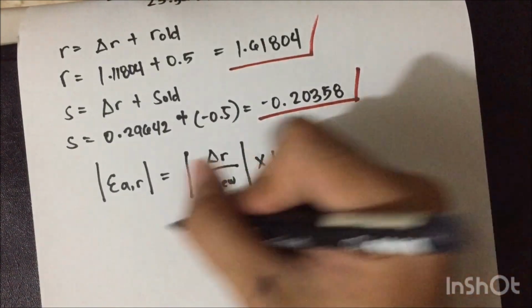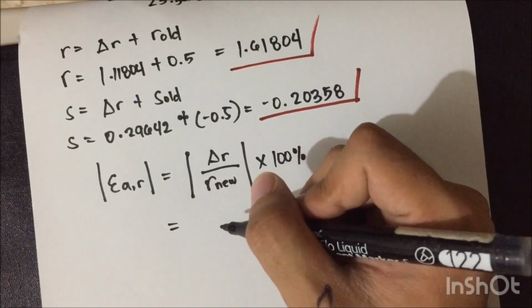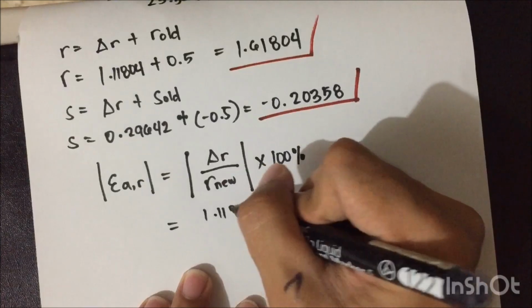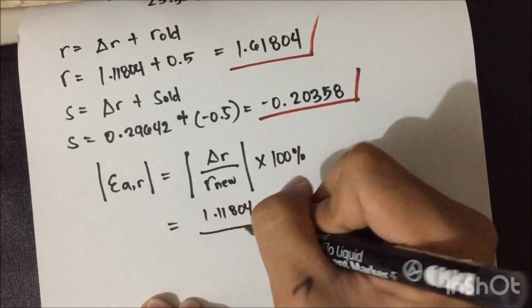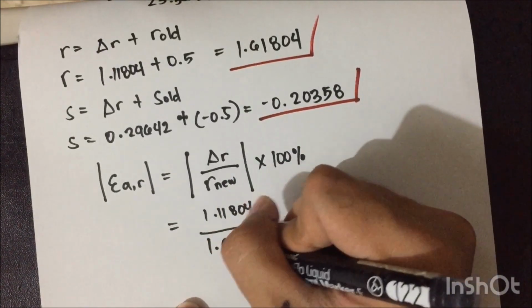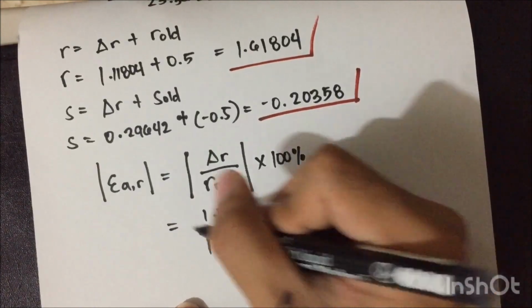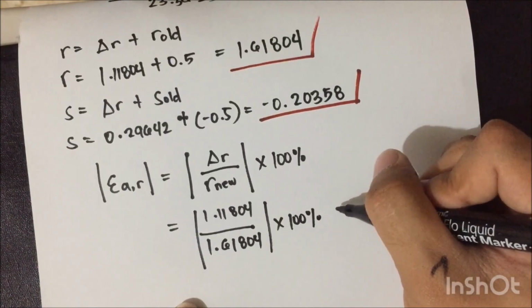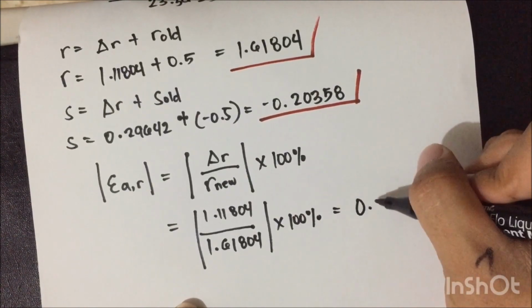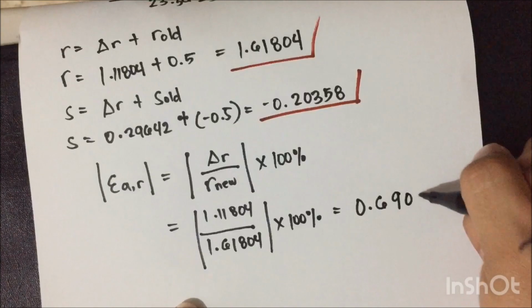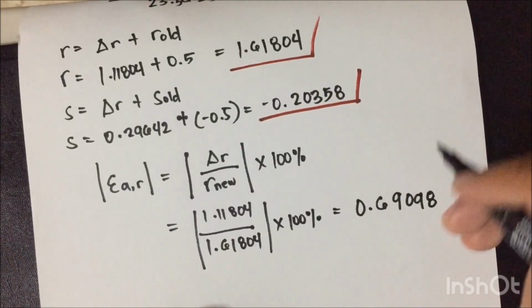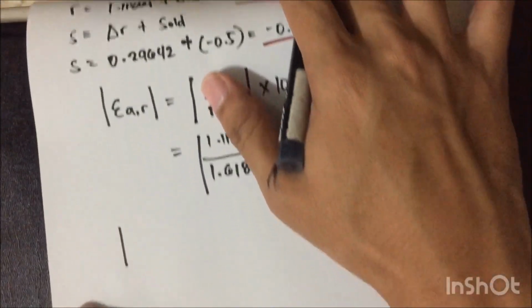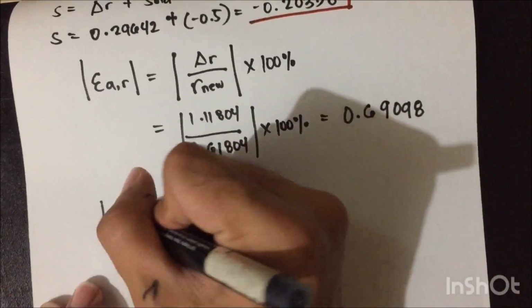Para to sa R. So, yung value na 1.11804 over 1.61804. Absolute value times 100% will be equal to 0.69098. Para naman sa S, same procedure lang.